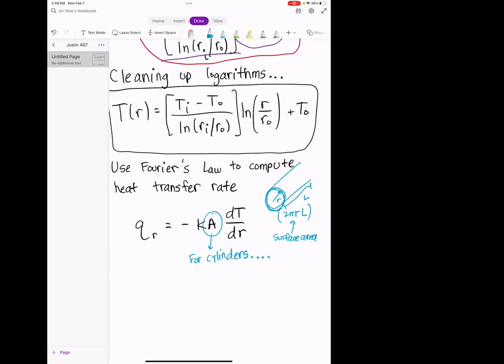We can plug that expression in for A because we know we're in cylindrical geometry, so we get a more specific equation: Q_r is equal to minus k times 2 pi r L.